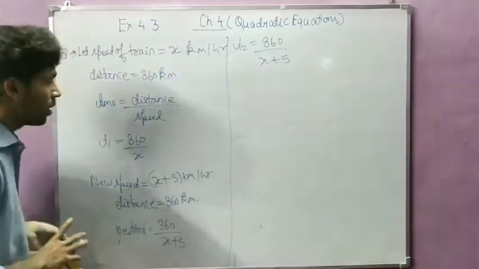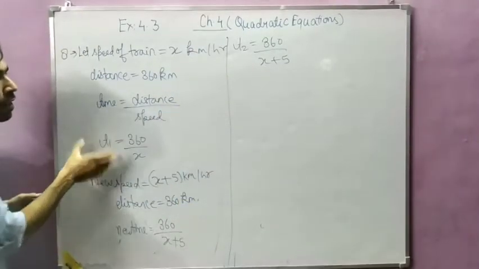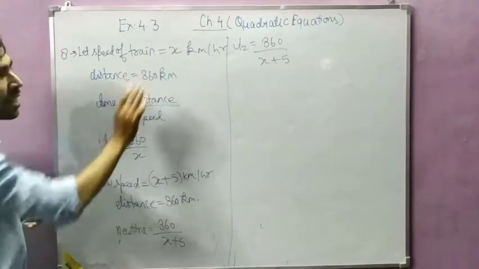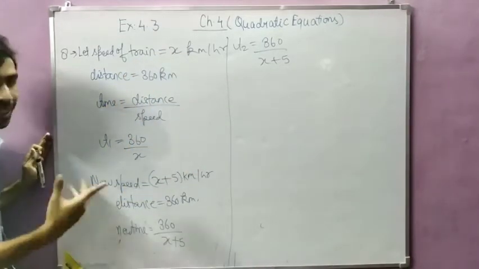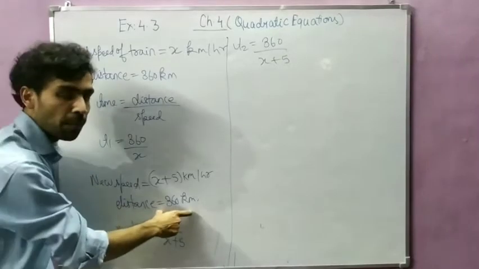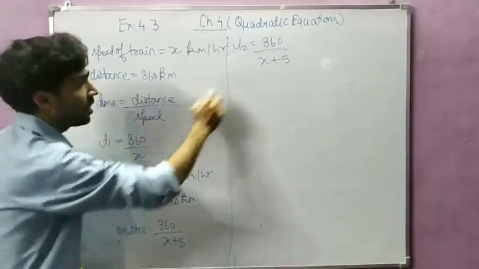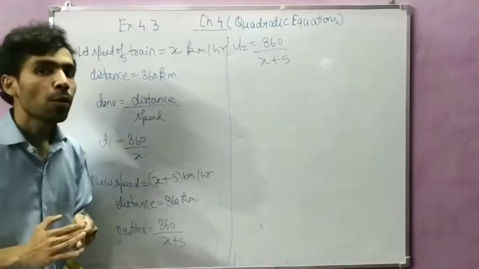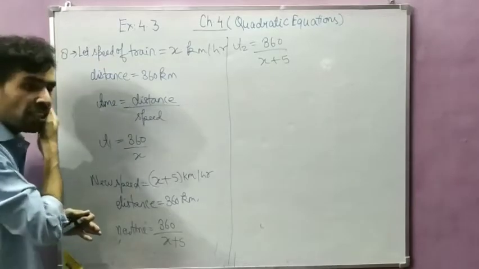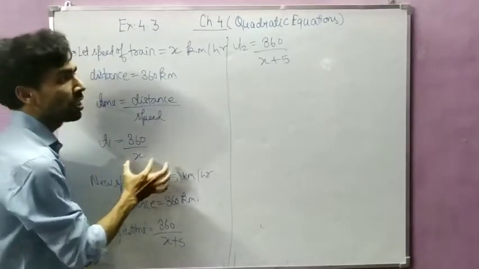So tell me one thing, T1 and T2. T1 is the time of the first case in which the speed was x and distance was 360. T2 is the time of second case when the distance was same but the speed is different, that is x plus 5. So between these two times, which time will be more? You can easily check, because both have the same numerator, so you just have to see their denominator.